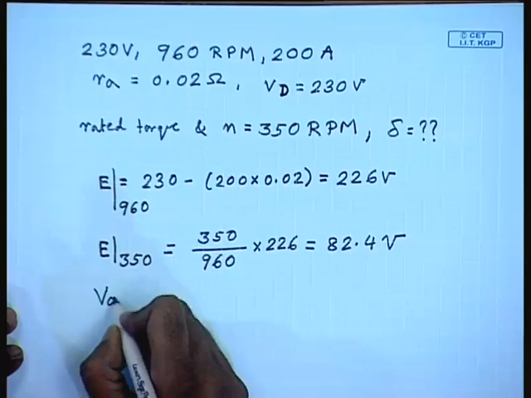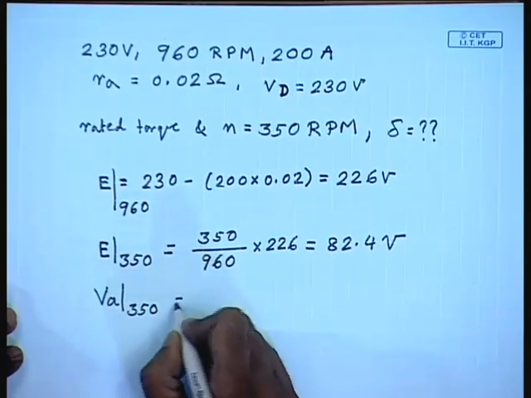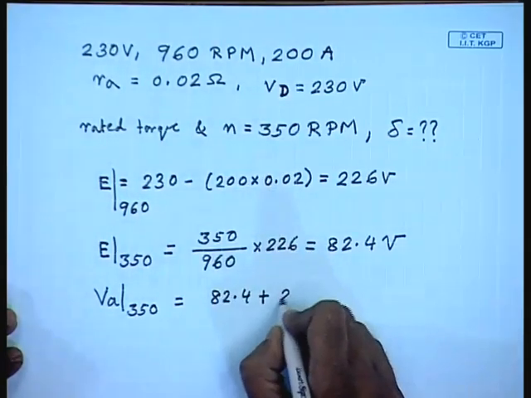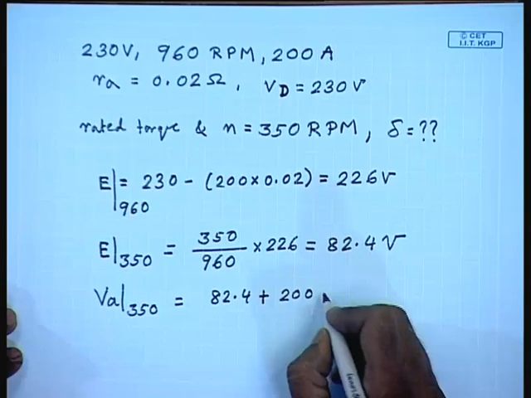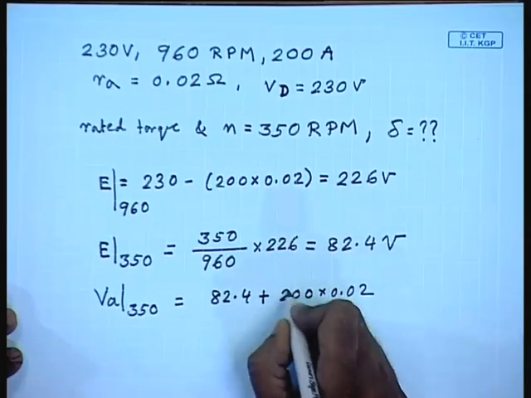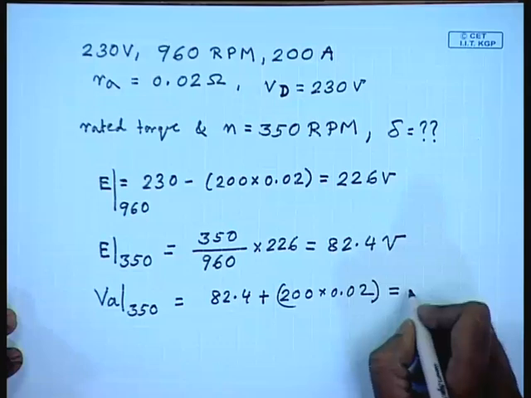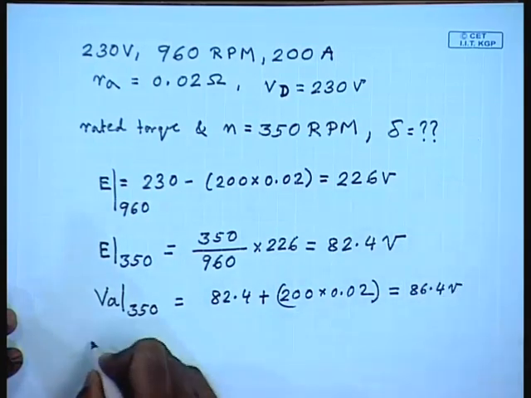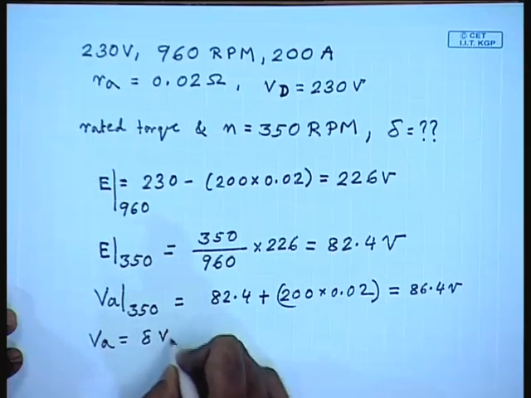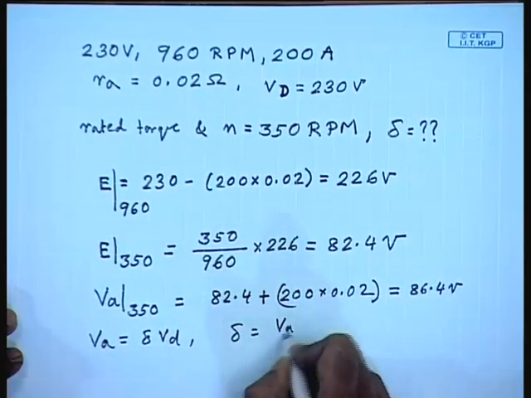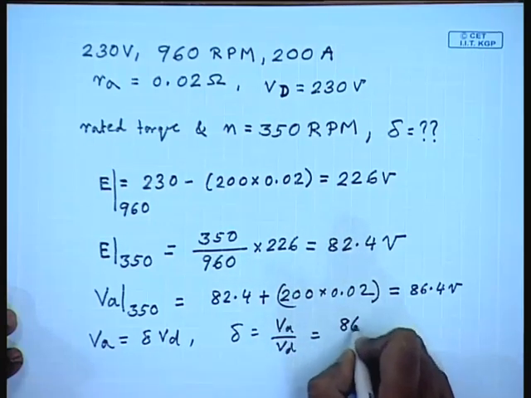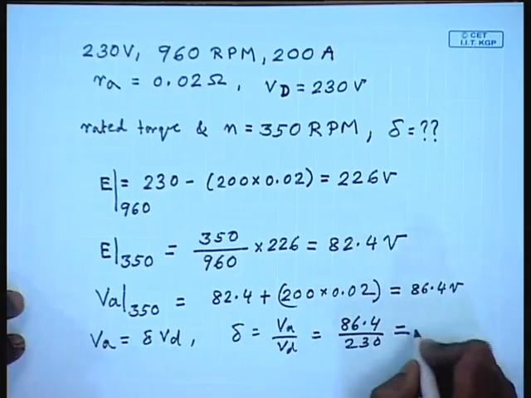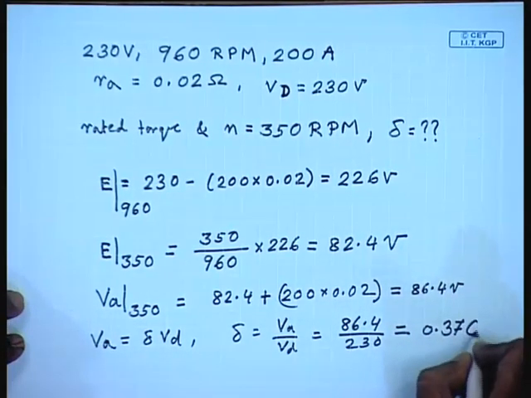So, VA at 350 RPM and rated torque, this will be 82.4 plus, at rated torque the current is also rated, so 200 into 0.02, this comes to 86.4 volt. We know VA equal to delta VD, or delta equal to VA by VD equal to 86.4 by 230. So, this delta will be 0.376.